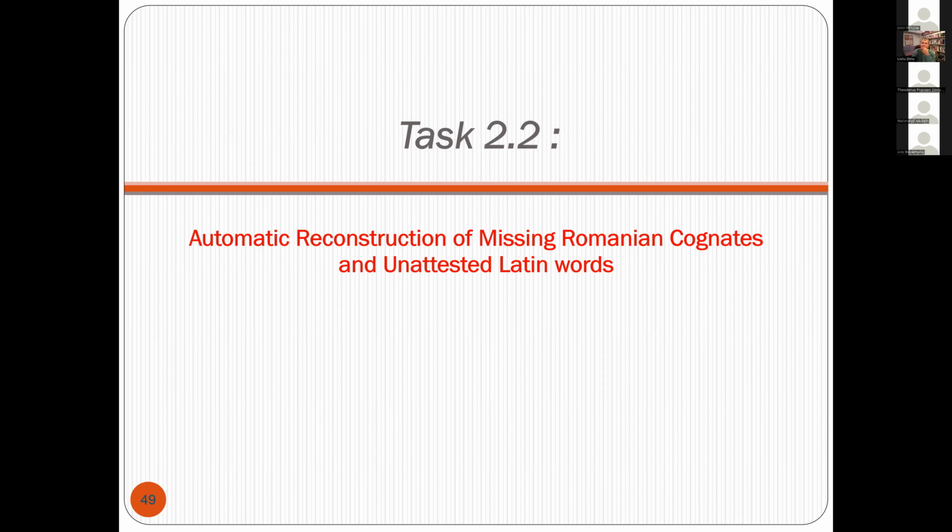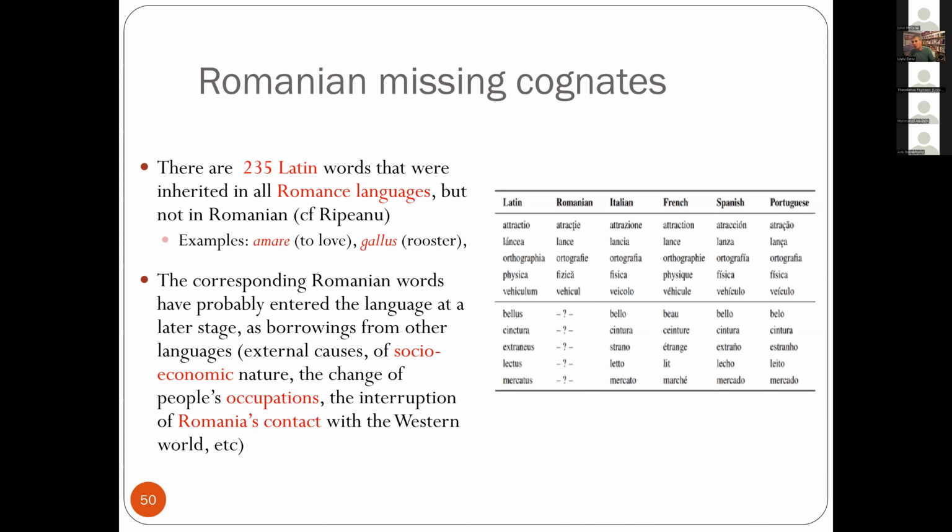For example, the first application was the automatic reconstruction of missing Romanian cognates and unattested Latin words. Probably it's not only the case of Romanian, but of all the Romance languages, and not only Romance languages. There are words which have a Latin ancestor in all the languages, except in Romanian.